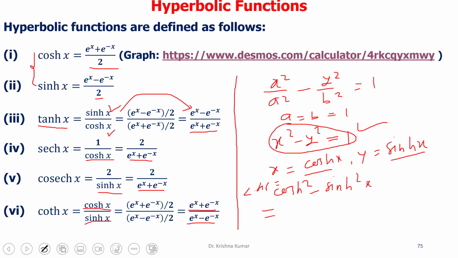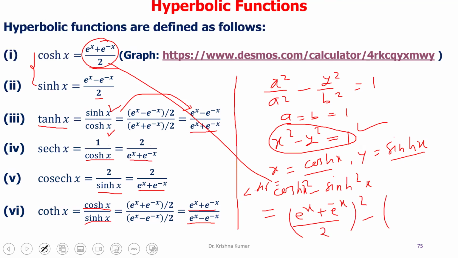But we know the value of cos hyperbolic square x: it is e to the power x plus e to the power minus x divided by 2, whole square, minus e to the power x minus e to the power minus x divided by 2, whole square. And if we simplify it, 1 upon 2 whole square is 1 upon 4.